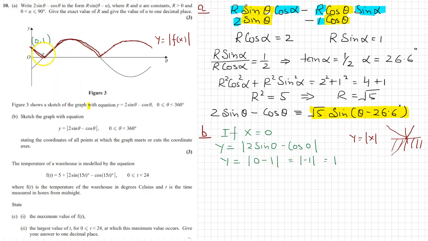Now what are these points? These 2 points. So let's say if y is equal to 0, let me write it clearly.